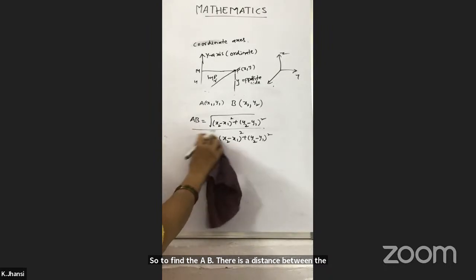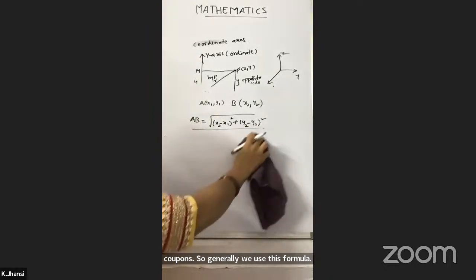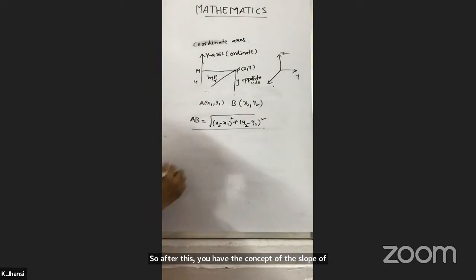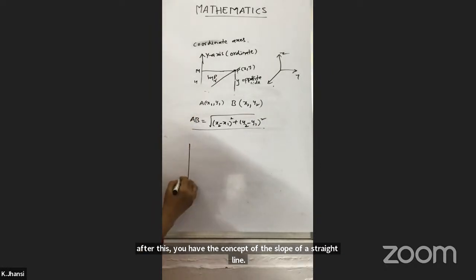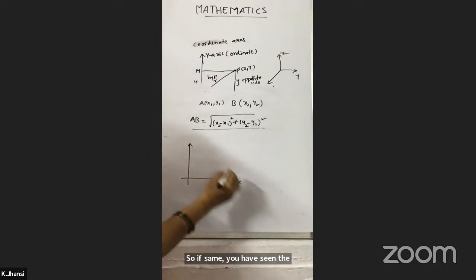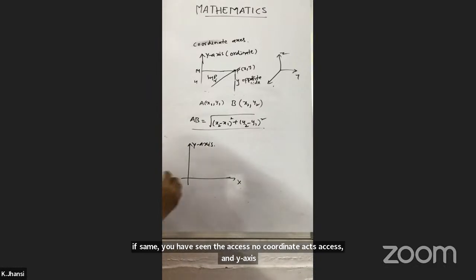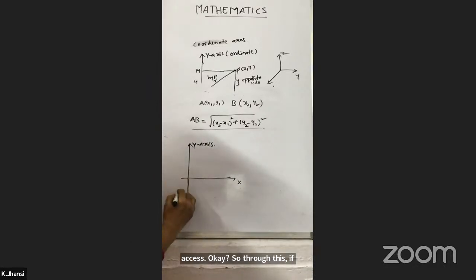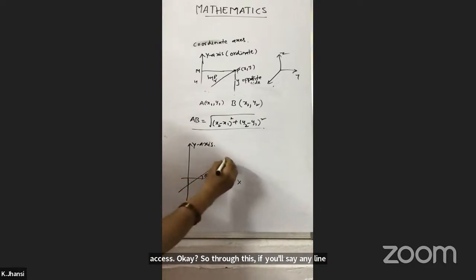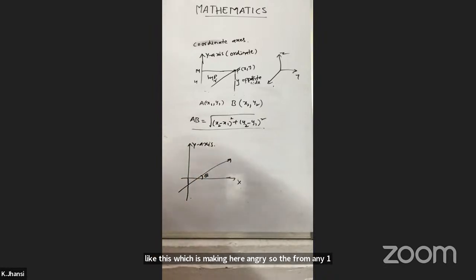After this, you have the concept of the slope of a straight line. You have seen the coordinate axes, the x-axis and y-axis. If you take any line like this, passing through a point and making an angle theta here, that theta is related to the slope of the straight line.